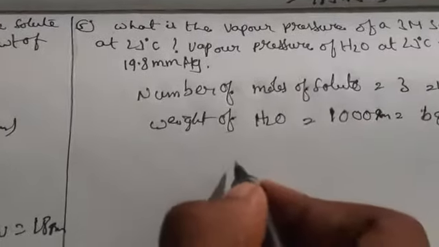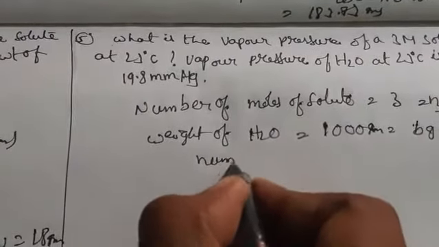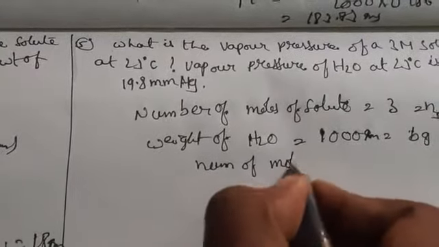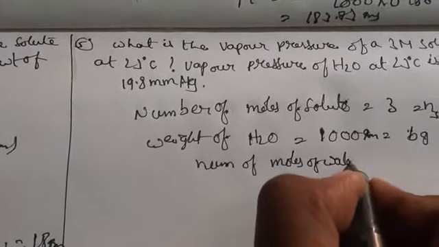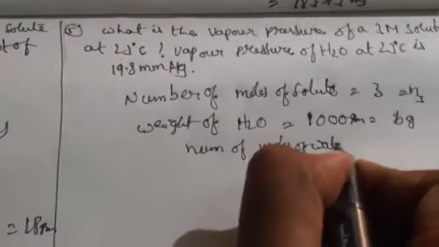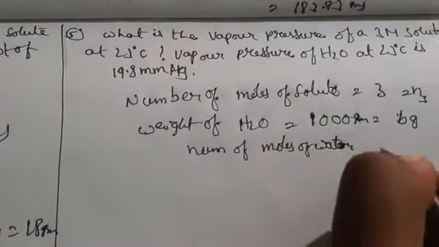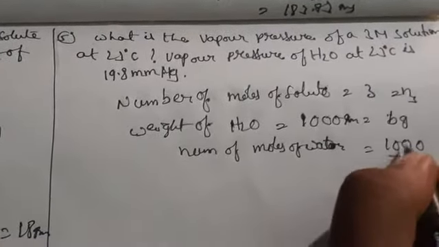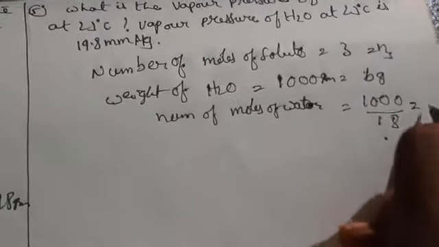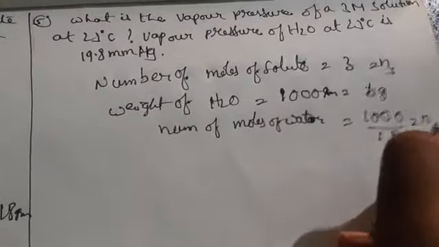Okay, so now the number of moles of water will be 1000 by 18, weight by gram molecular weight. So this will be the N naught.